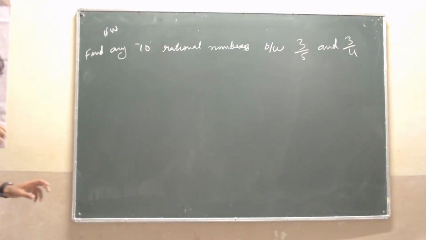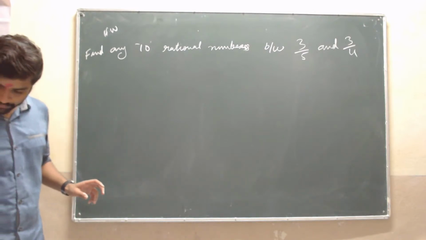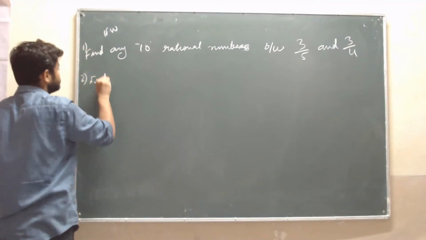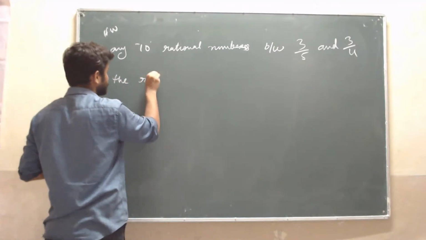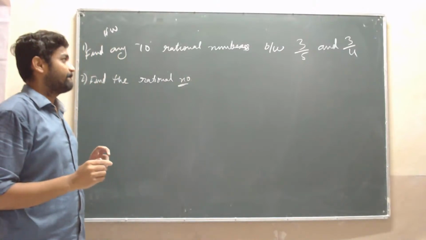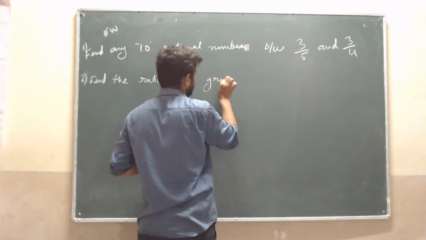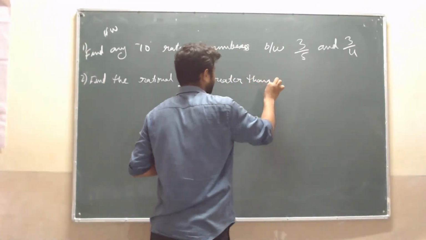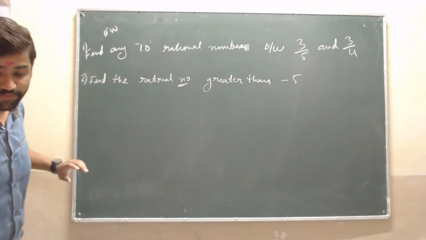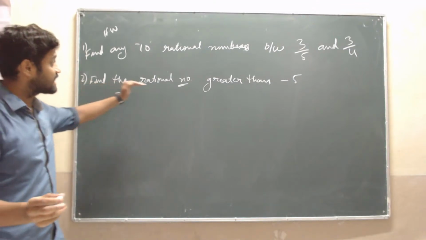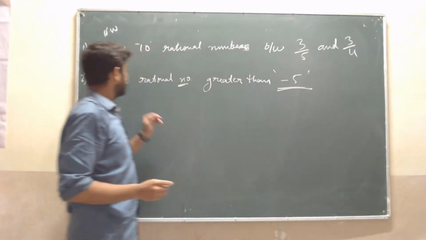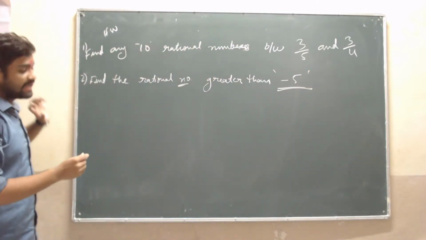And one more example we have: find the rational numbers greater than minus 5. Okay, see this question, a related question we did in the previous video. Just see, find the rational numbers greater than minus 5.